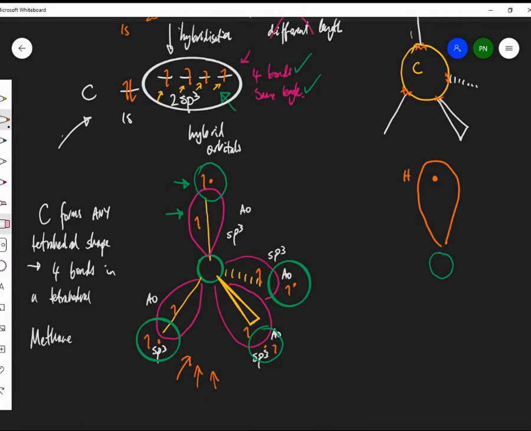It forms a new orbital, and this one is a molecular orbital. What type of molecular orbital is it? It's a sigma bond as well, because it has rotational symmetry, or if you like, it's end-on overlap. How many electrons are in this one? There's two: one from the sp3 and one from the 1s. And that's it. Are we good with that?